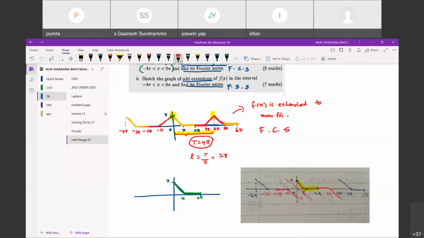First, this graph is reflected here. But in order to make sure that it is reflected here, you need to know how it can be extended from the original graph. Is that clear? So from here, the value of T from the original point to the extended point here is the same as with cosine. T is 4 pi.